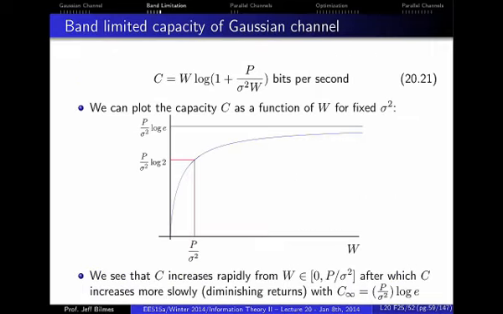And here's the function. So this is plotting C, the capacity as a function of W for fixed sigma squared.